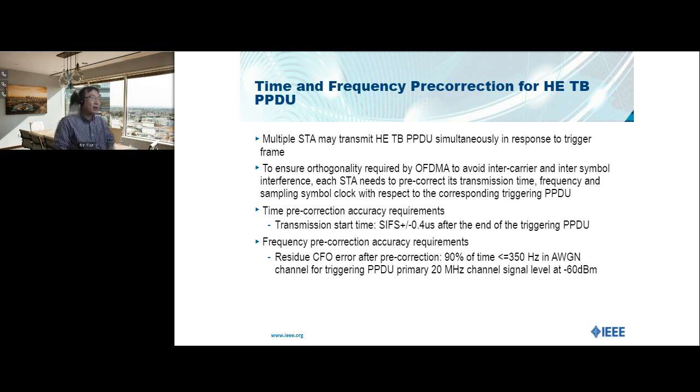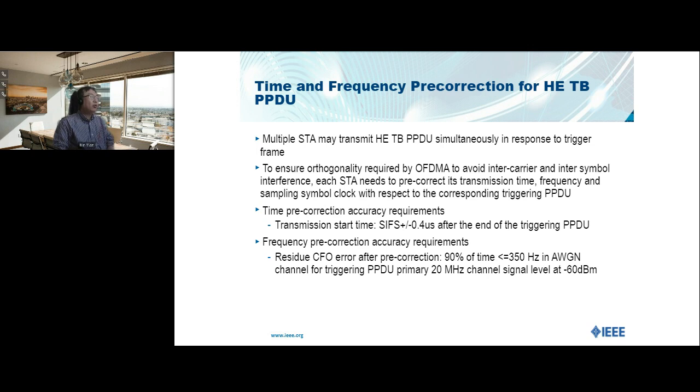Because of this, there are certain requirements for the time pre-correction. We require the station's transmit start time after the trigger, which is 16 microseconds, to be within plus or minus 0.4 microseconds. This is the accuracy requirement after the end of the triggering PPDU. So everybody transmits at the same time with an accuracy of plus or minus 0.8 microseconds.